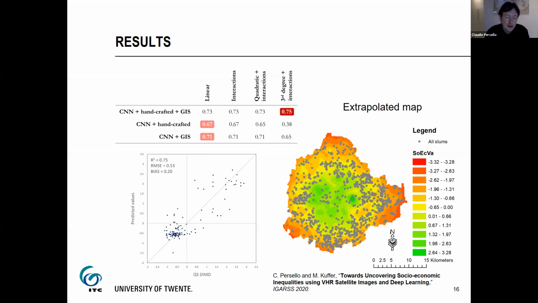We were quite happy with this, to see that by using CNN we can extract these features that allow us to really capture the different forms of deprivation and estimate this socioeconomic index. What you see on the bottom right side is then the map that we extrapolated for the entire urban area, for the entire city of Bangalore.